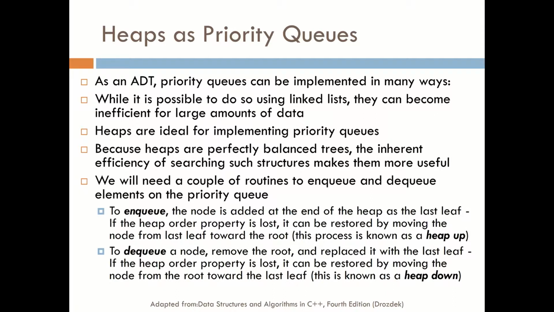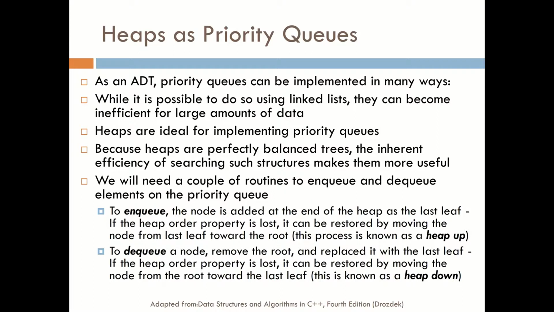Once we look at the mechanics of heaps, you'll see why it's not a good idea to implement it as a linked list. It turns out that heaps are ideal for implementing priority queues because heaps are perfectly balanced trees. They're efficient to search through. And again, while we don't have a total order in this case, we do have a partial order, and as such, they're efficient to search through.